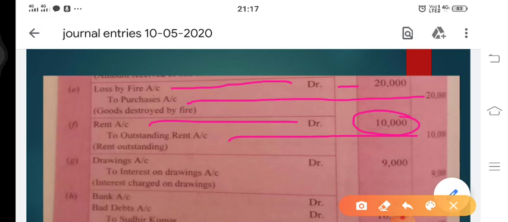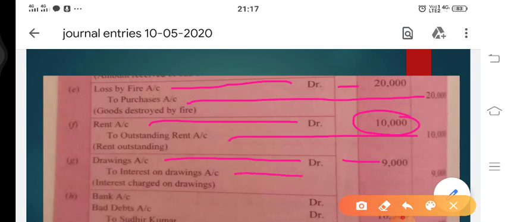But what can be debited? Obviously drawing, because when we are charging interest on drawing, capital will reduce more, and to reduce that capital we need to debit the drawing. So the entry will be drawings account debit to interest on drawing account.